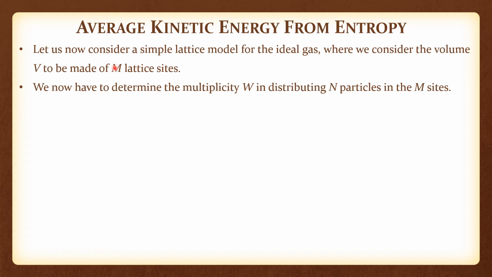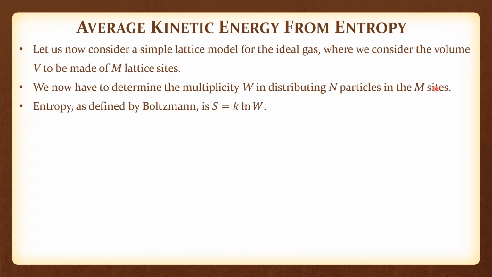So the volume occupied by each lattice site is V by m. The question that we have to ask is, what is the multiplicity W in distributing n particles? Remember, we started out with the model of n gas molecules, so n particles in m sites.